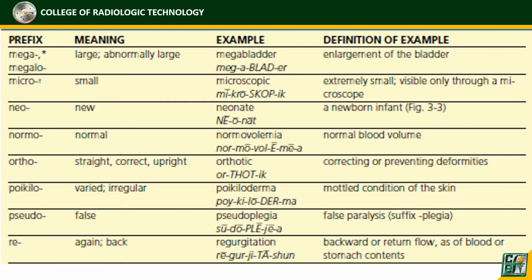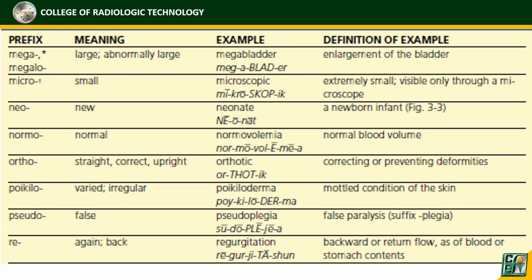Neonate means a newborn infant. Next we have normo, which means normal. Normovolemia means normal blood volume.